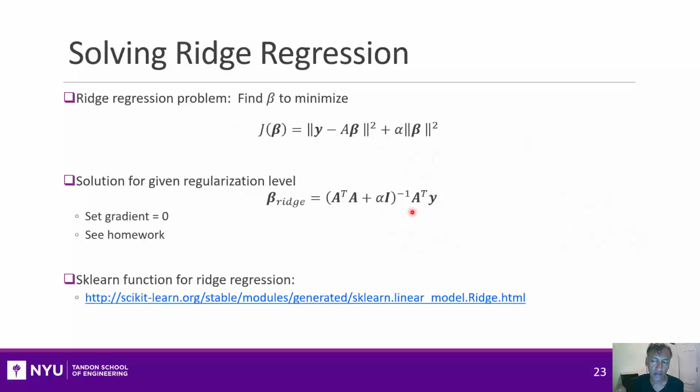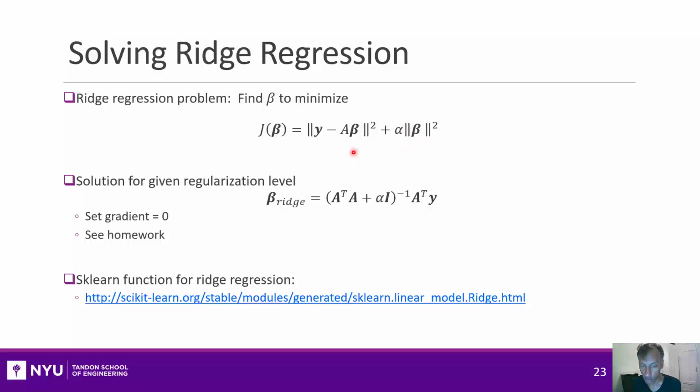All right, a couple more things I want to talk about. I said that in both cases, whether you're using L2 or L1 or any regularization, you have to solve this minimization. Let's first look at how you solve the ridge regression minimization. In ridge regression, you want to minimize this cost function, which is the RSS plus alpha times the L2 norm squared.